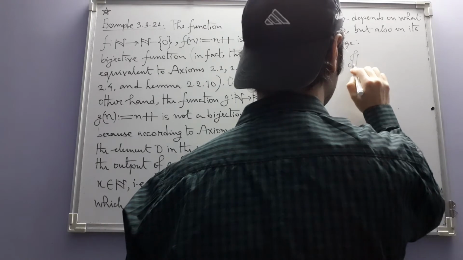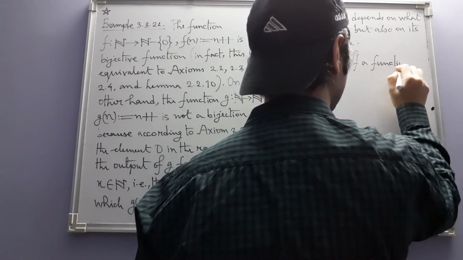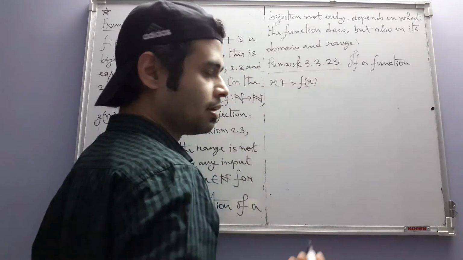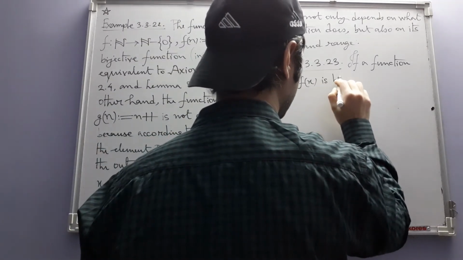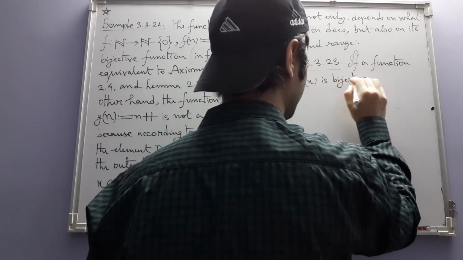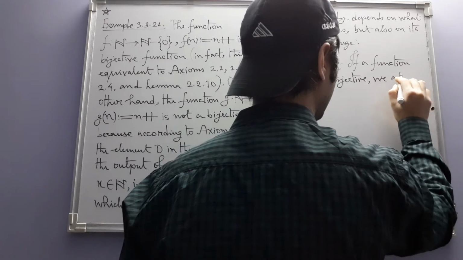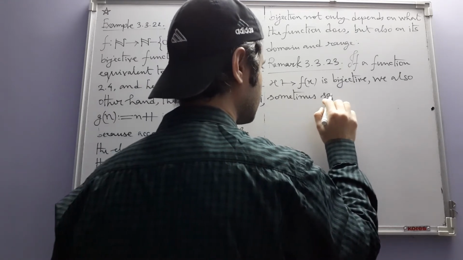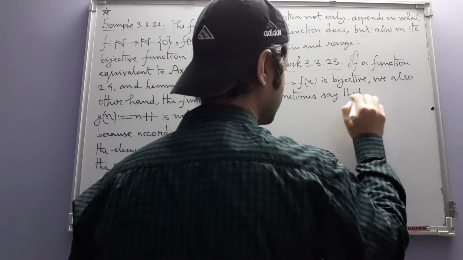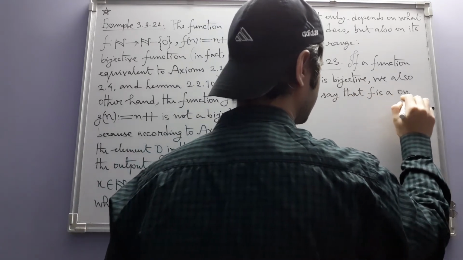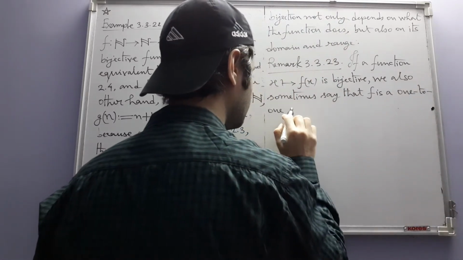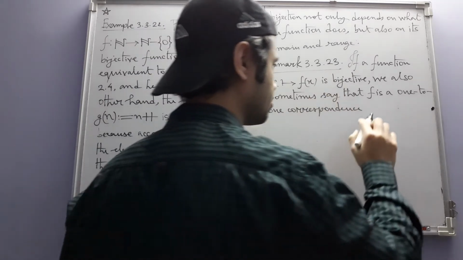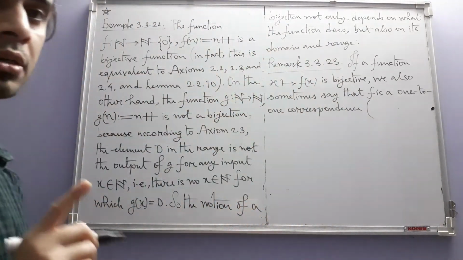If the function f, that maps the element x onto f(x), is bijective, we also sometimes say that f is a one-to-one correspondence, and this should not be confused with a one-to-one mapping.